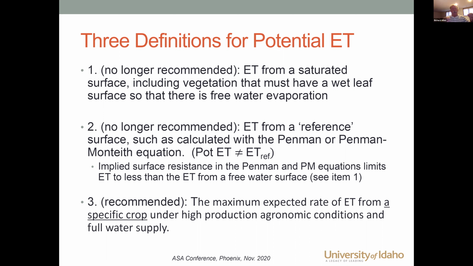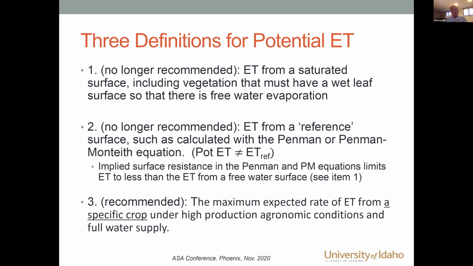The water is right there on a leaf or on the ground or in open water. But for a leaf surface to be wet, we only see that for a few hours after sprinkle irrigation or a few hours after a rain event. And then after that, we no longer have that. So using that form of potential ET really is not so useful when we're talking about day-to-day evapotranspiration to be expected from any type of surface.